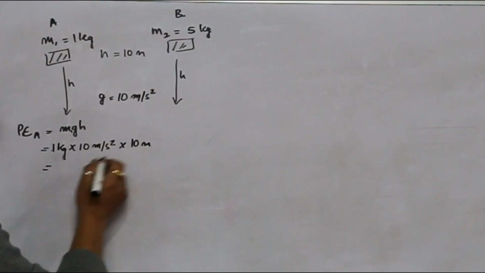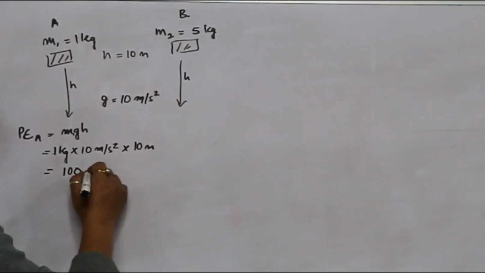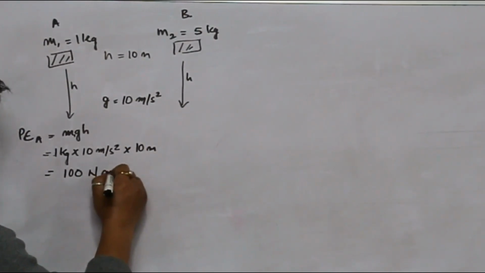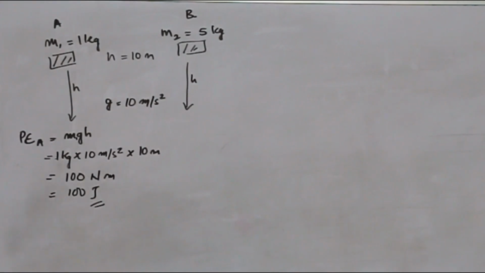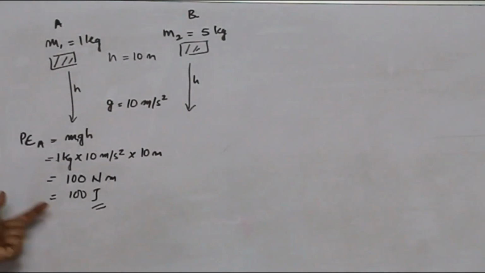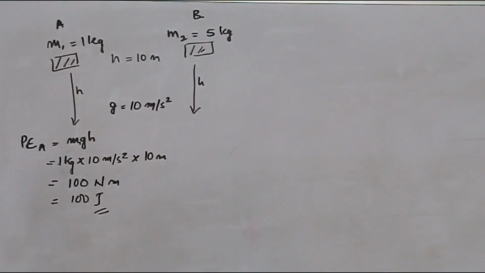This will give you 10 into 10, 100 into 1, 100 kg meter per second square, which is newton meter, that is 100 joule. So the potential energy of body A will be 100 joule. So that means it can do 100 joules of work.